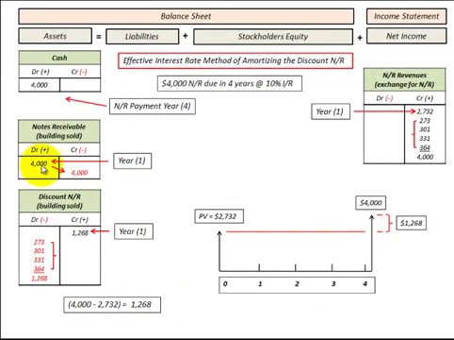So let's just see how that discount works. At the beginning of the 1st year we recorded the $4,000 debit entry to the notes receivable, and the associated credit entry on notes receivable revenues was $2,732. So what we needed is a balancing credit entry, and that would be the discount on notes receivable for $1,268.